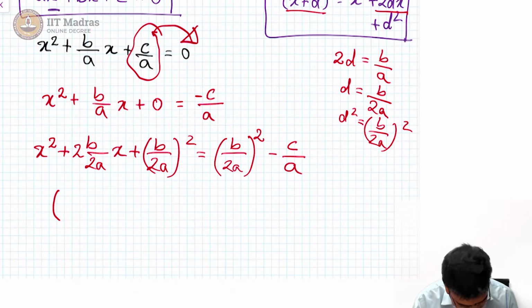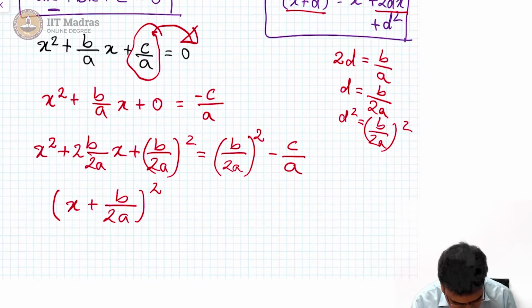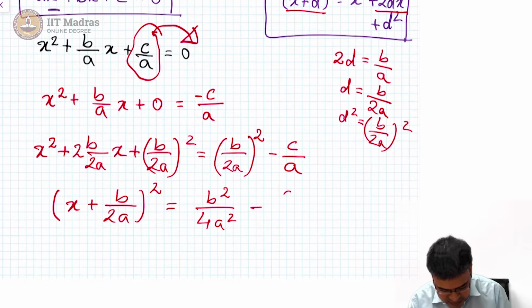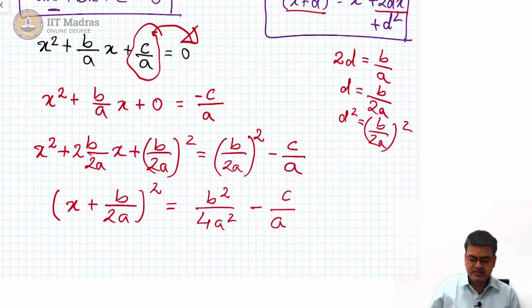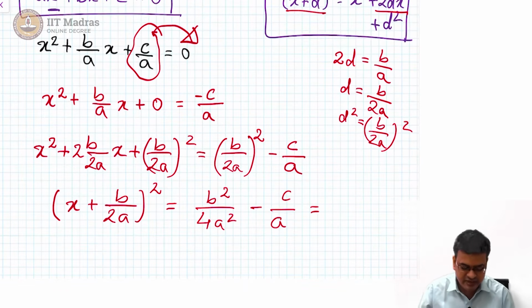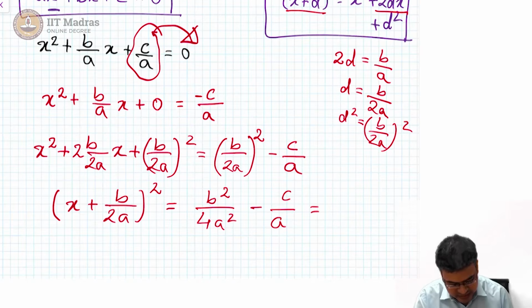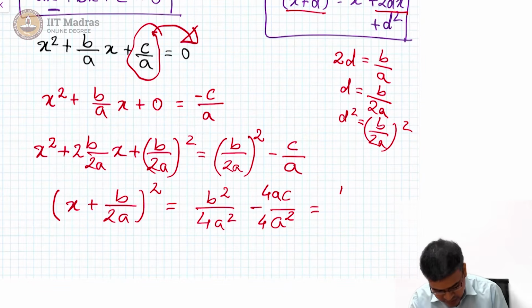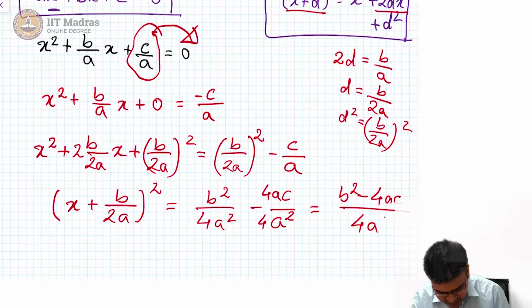This gives me (x plus b by 2a) the whole square is equal to b square by 4a square minus c by a. I don't like this kind of splitting, so I will simplify the right hand side. I will multiply numerator and denominator by 4a, which gives me 4a square. Therefore I get b square minus 4ac upon 4a square.